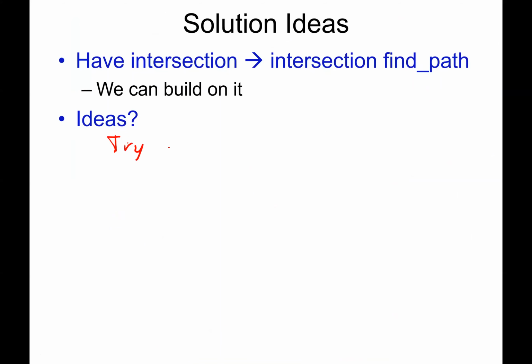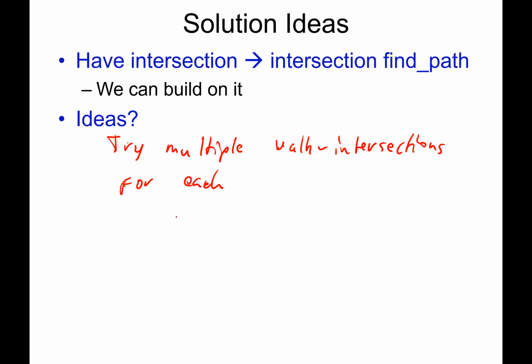Okay, so try multiple walk intersections. And for each one, you can basically use this find path function that we've already written, from the walk intersection to the end intersection, okay?